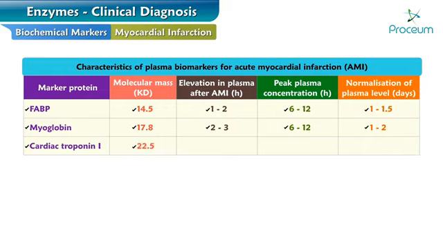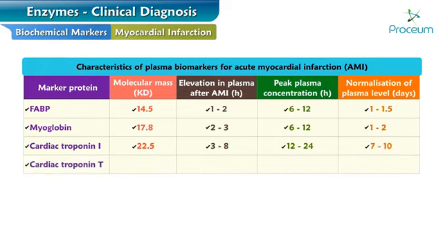For cardiac troponin I, the molecular mass is 22.5. The elevation in plasma after AMI is 3 to 8 hours. The peak plasma concentration occurs at 12 to 24 hours, and the normalization of the plasma level occurs in 7 to 10 days. Cardiac troponin T has a molecular mass of 37.0. The elevation in plasma after AMI is 3 to 8 hours.